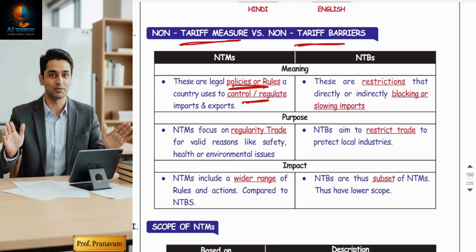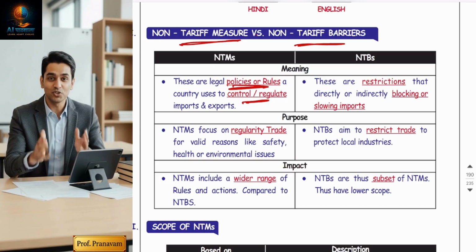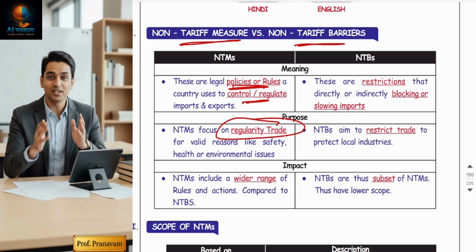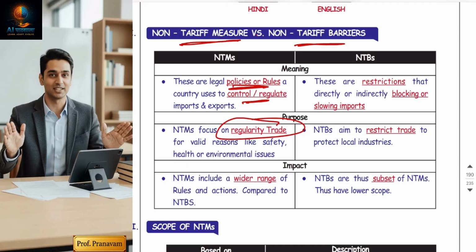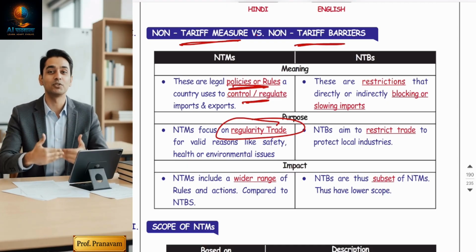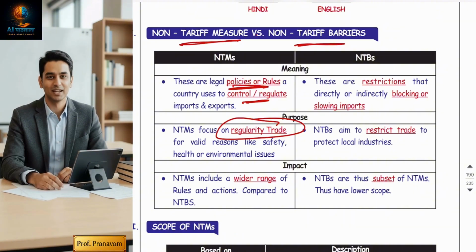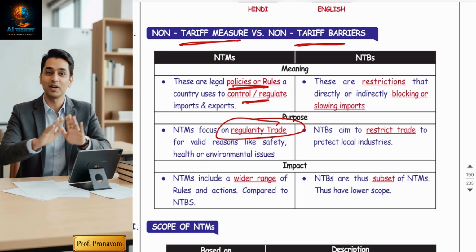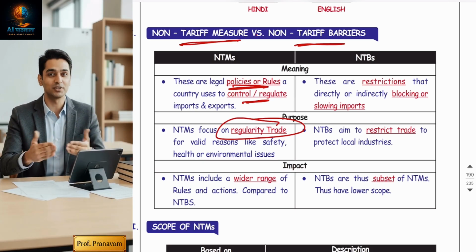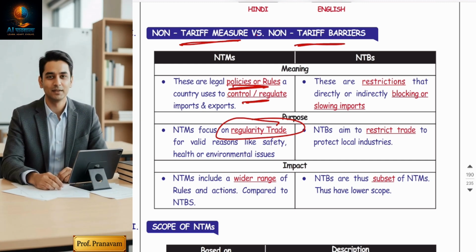NTMs are regulatory in nature, and protective only as a side effect. So NTMs, guys, are nothing but rules and regulations. By imposing rules without taxes, we can slow down or regulate the imports. How? We're going to see in detail.